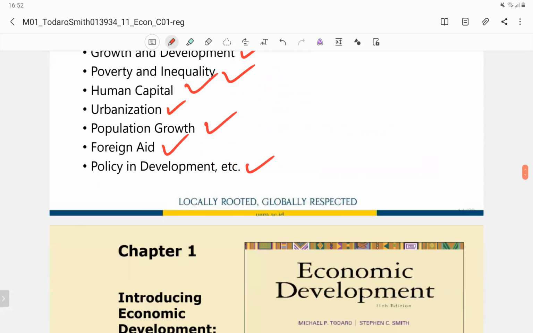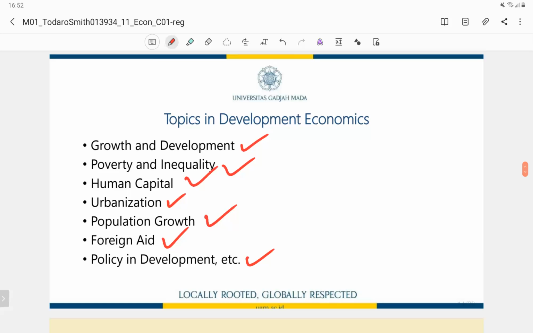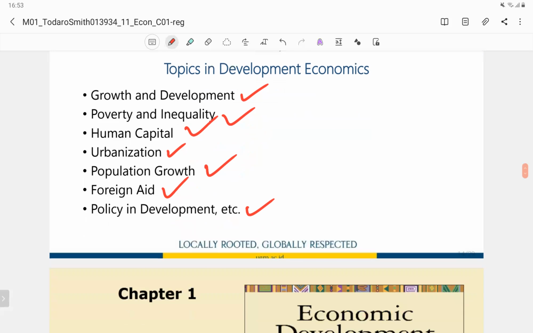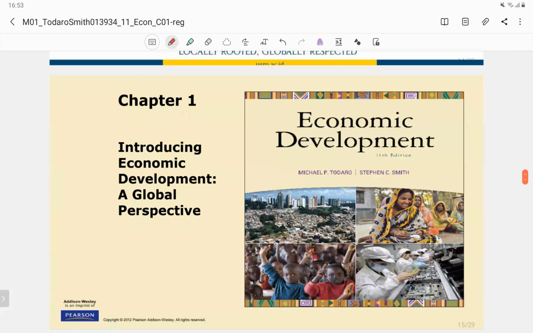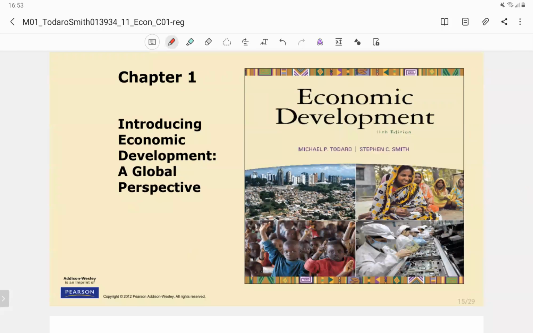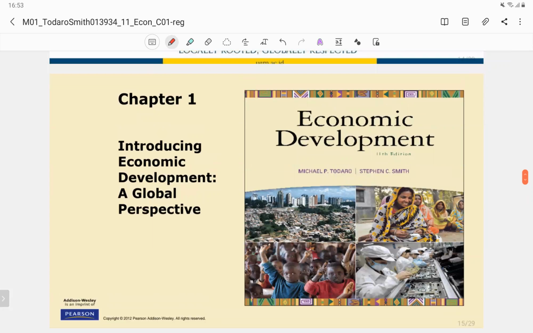Okay, so that's the introduction of what development economics is. If you have a question, you may ask. No question? You guys are very quiet. You guys make me nervous. If you don't have a question in the meantime, it's okay. Let's go to the first chapter of the Todaro textbook.